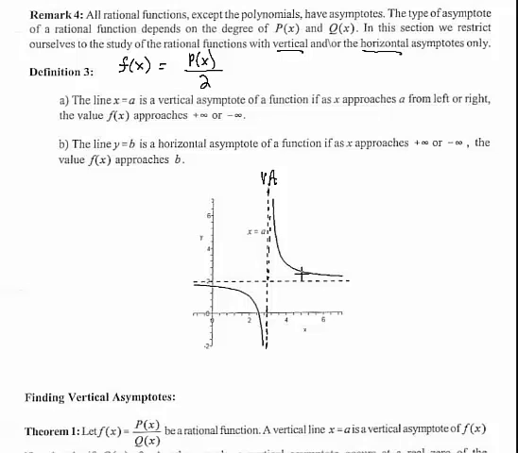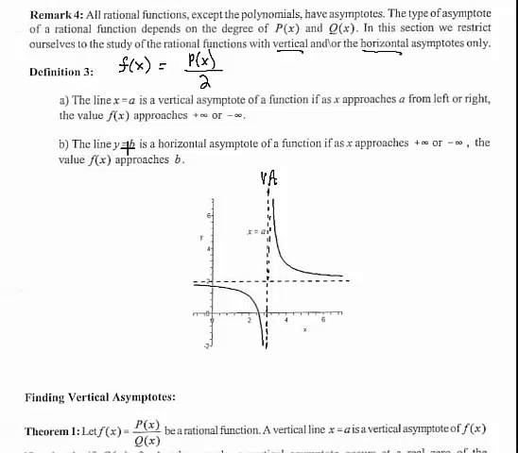And as you see the curve here, if we go from right to left, as it gets closer to x equals a, it shoots up, it skyrockets to infinity. Okay, and likewise, this piece on the left, as we approach the vertical asymptote from the left, it shoots down to negative infinity.